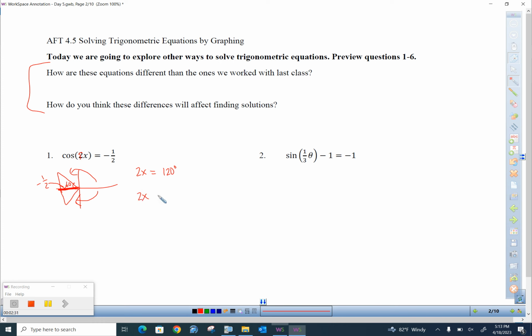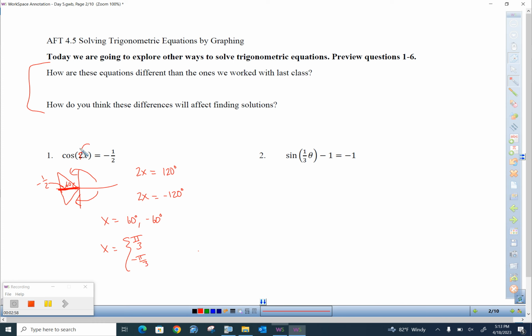So we could also say 2x is -120 degrees. And from there, our last extra step is that the angles themselves are x equals 60 degrees and -60 degrees. Just like before, we want to generalize with radians instead of degrees. So this would be pi over 3, and this would be -pi over 3.